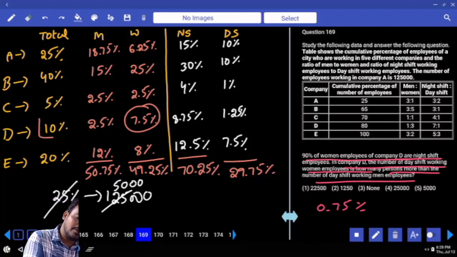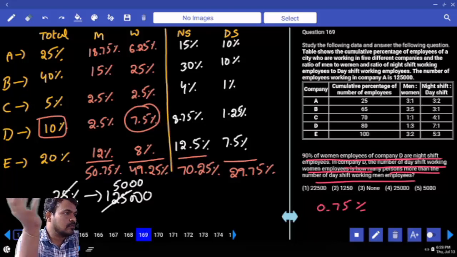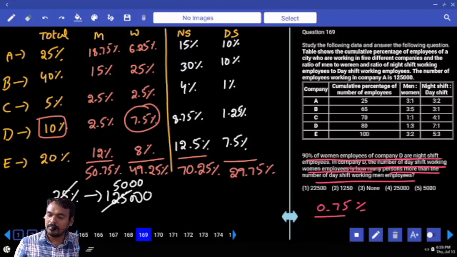What is the total employees in company D? 10%. In the 10%, 6.75 are women. What is the remaining? 3.25. Those are men employees. Then we compare 0.75 with 3.25%.